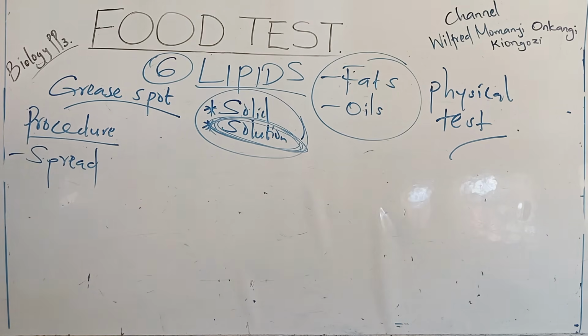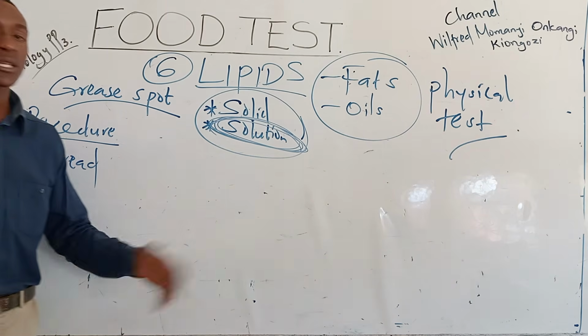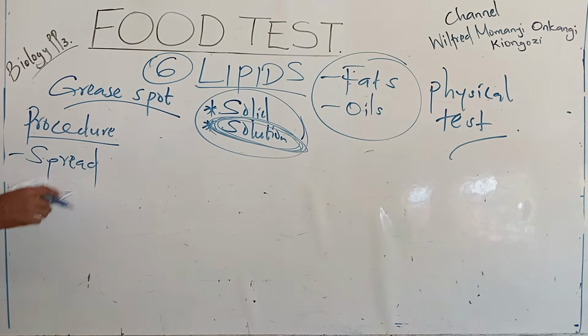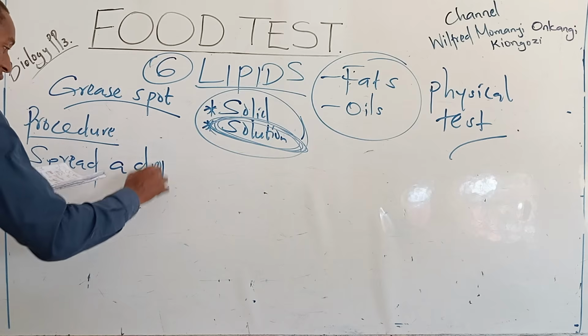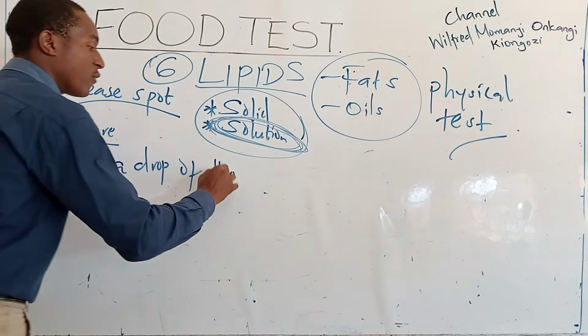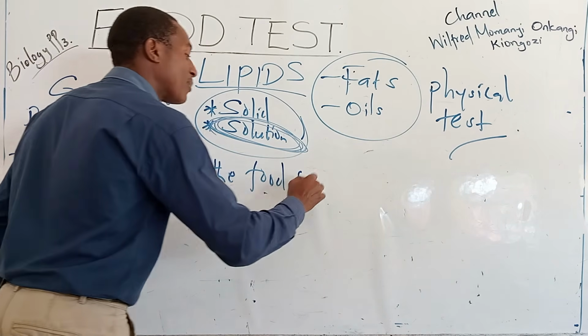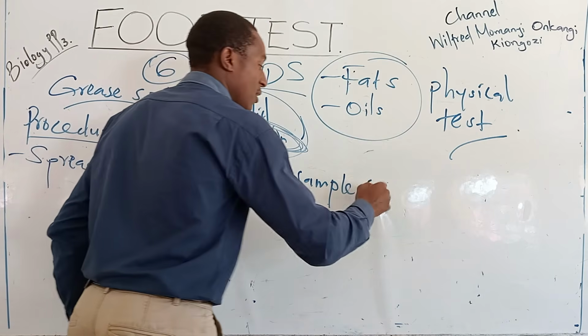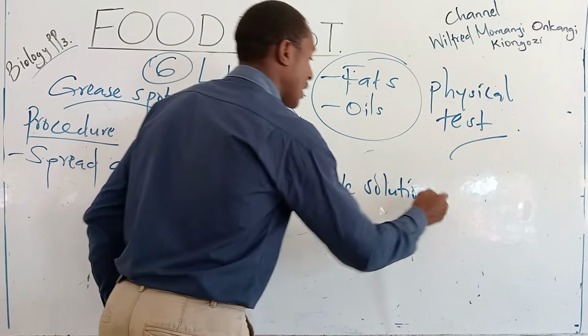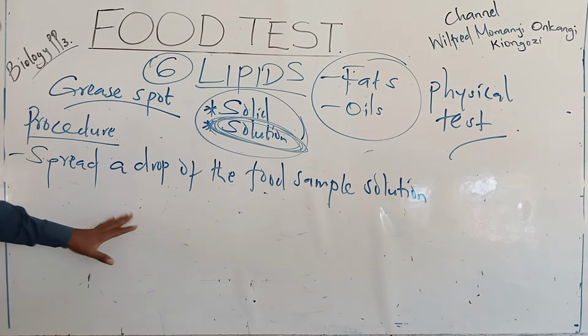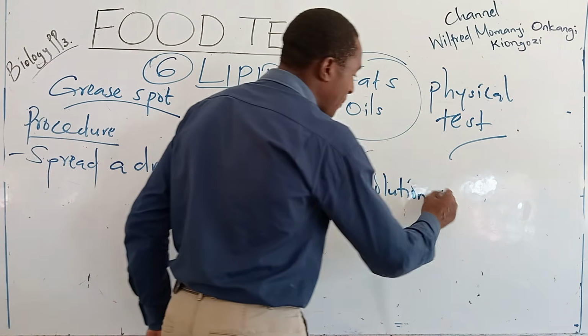So what you do, you spread. In this one, we have no test tubes here. There is no boiling, nothing. So you spread a drop of the food sample solution on a filter paper.